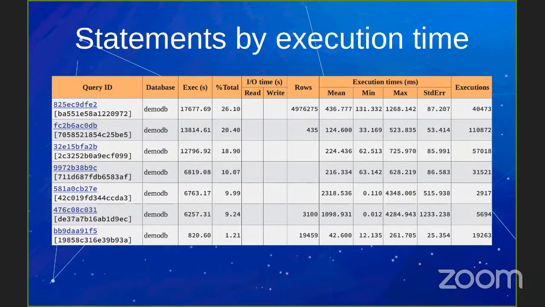The first 3 statements have consumed over 65% of all execution time in the cluster. Query ID is a link, and you can click on it to see the actual statement. This talk is not about query optimization, so we won't focus on exact statements. I just want to show how to find them.